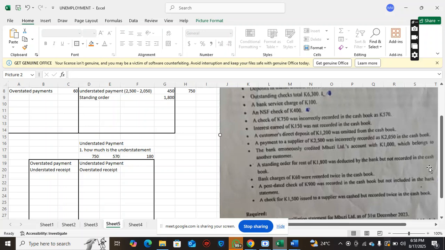So instead of putting 1,500, they put 3,000. So how do we correct this? How much are we debiting to correct this error?